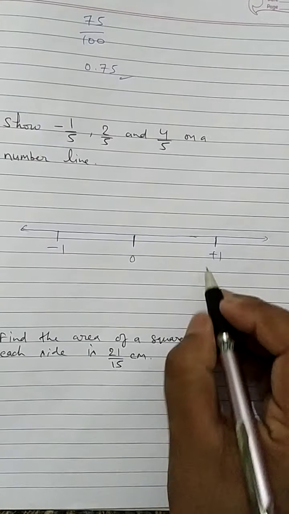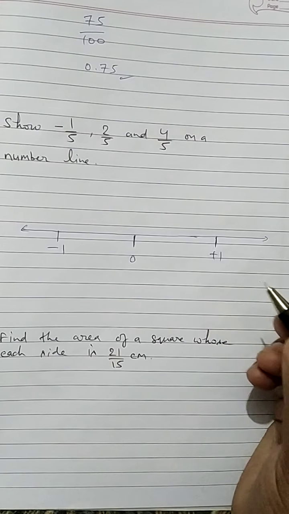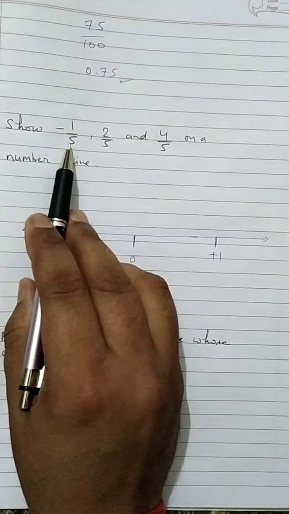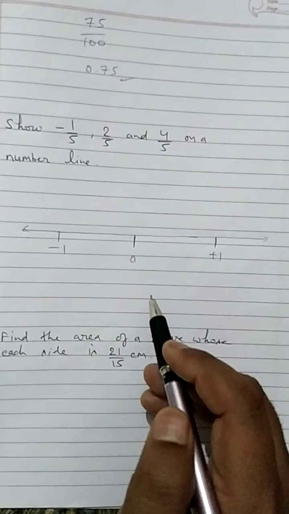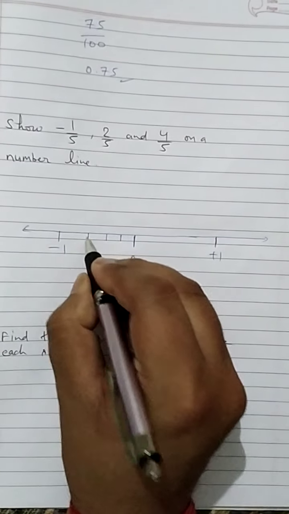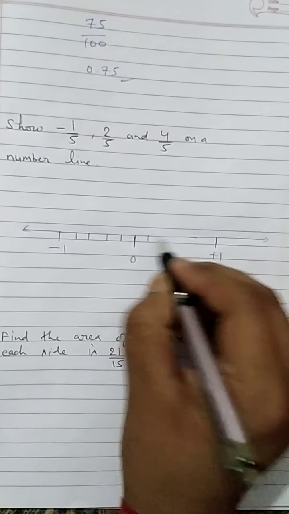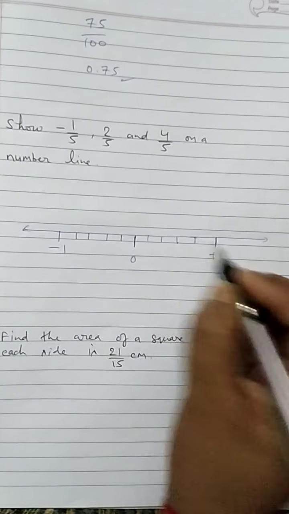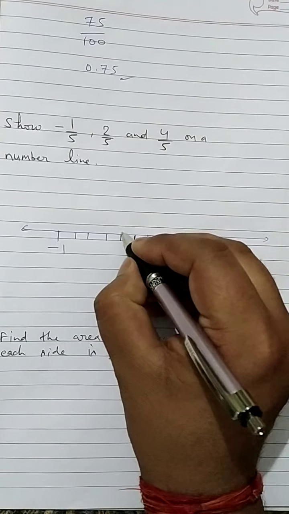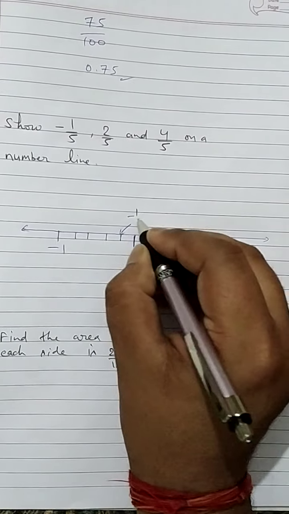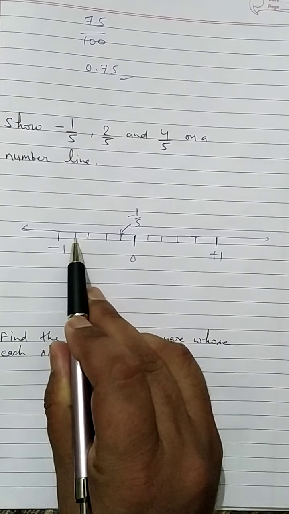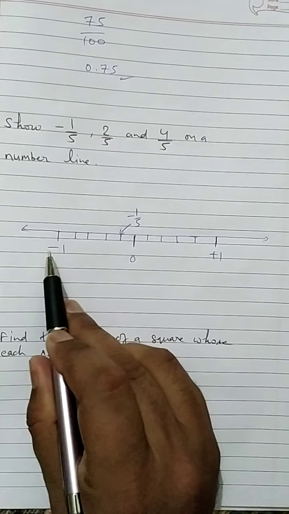Okay, there is no need to write a plus sign here, but conventionally we are writing it here. Here the denominators are 5, so we will mark 4 equal cuts only, 1 2 3 4. Similarly here 1 2 3 4. Okay, so this is minus 1 upon 5, minus 2 upon 5, minus 3 upon 5, minus 4 upon 5 and minus 5 upon 5 means minus 1.